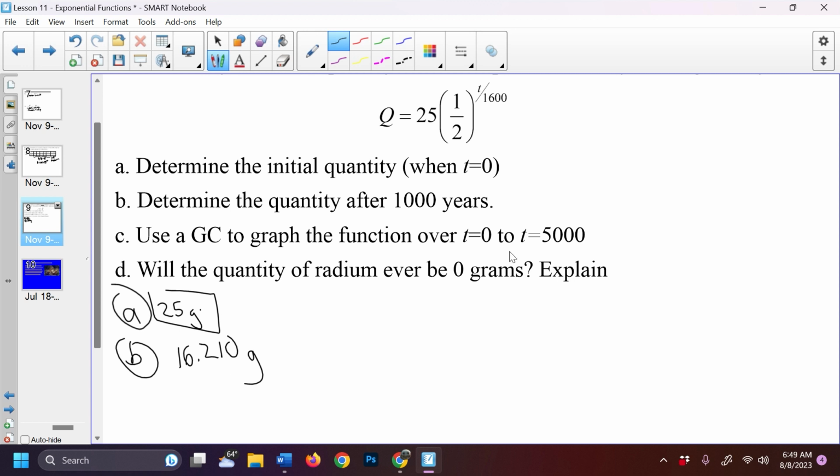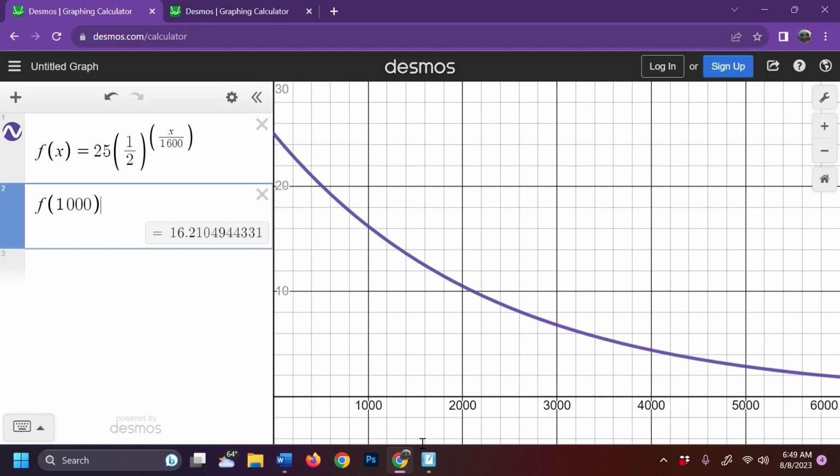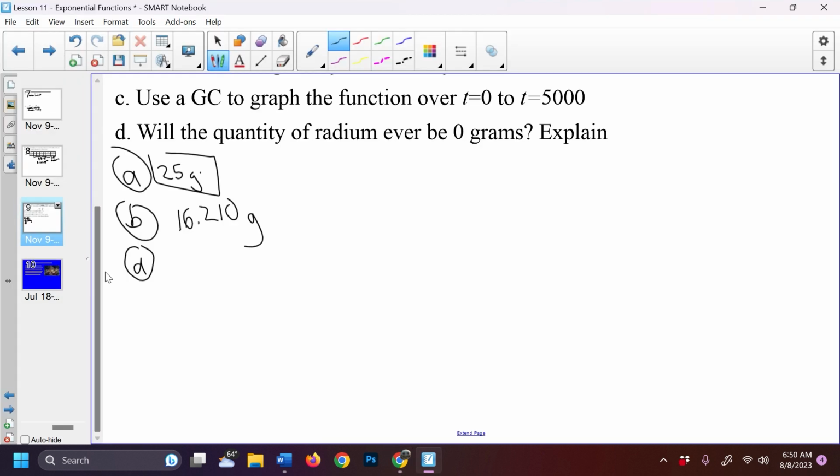We've done the graph. Will the quantity of radium ever be 0 grams? Explain. Well, this function has 0 as its horizontal asymptote. So the model will never go to 0. But in the real world, at some point in time, way in the future, you will have had only 1 atom of radium left, and then it will eventually break down as well.